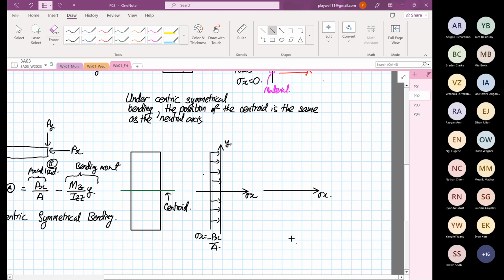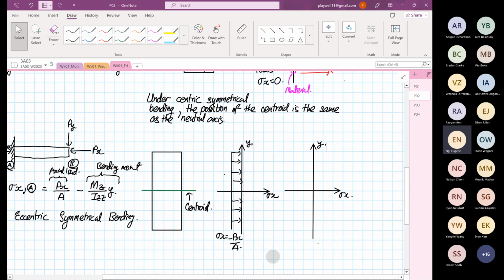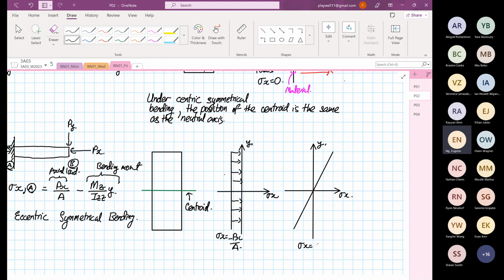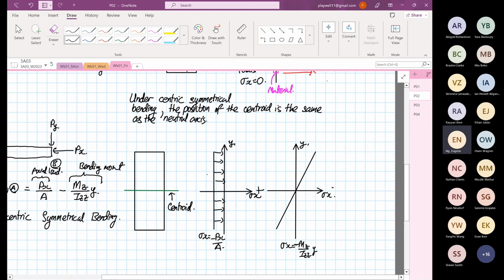So we are going to have compression at the bottom. This sketch over here is equal to stress X equal to negative MZ over IZZ times Y. But for the actual load, you have to add both of them together.